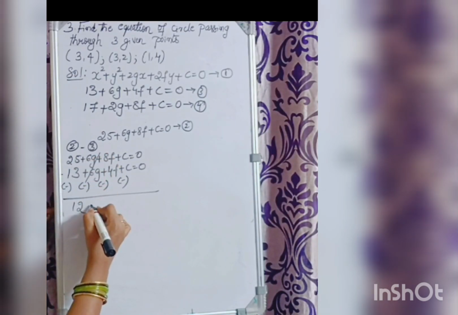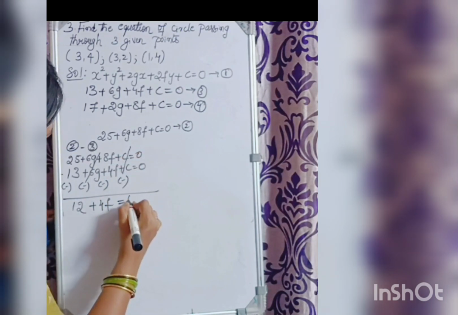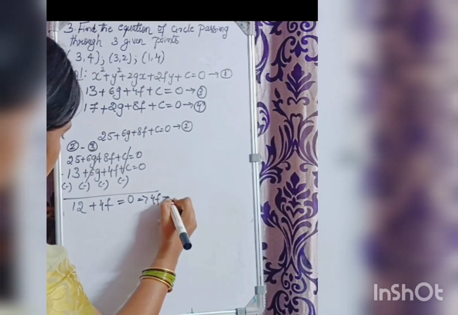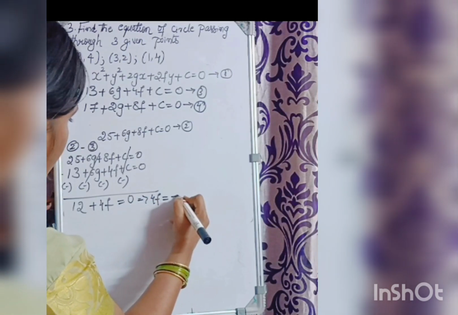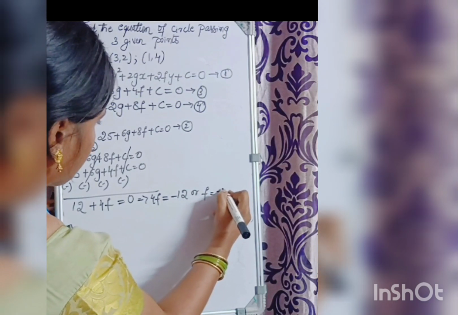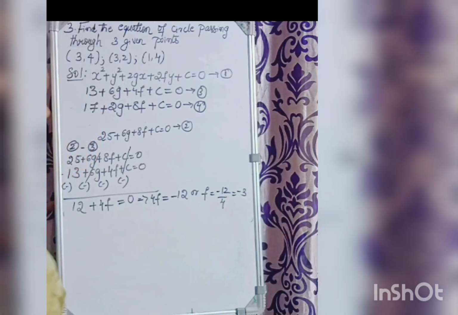This 6g will get cancelled, c will get cancelled, and we have 4f. Which implies 4f is equal to minus 12, or f is equal to minus 12 by 4, which is equal to minus 3.